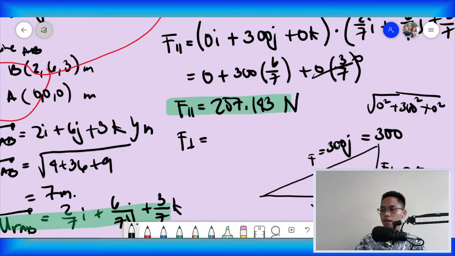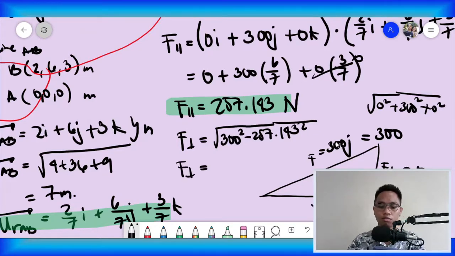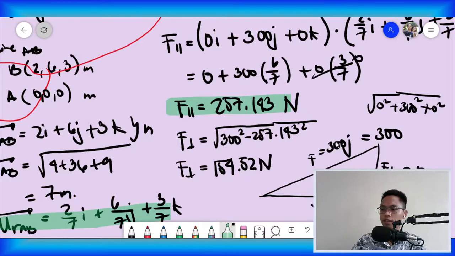Therefore, F perpendicular is equal to the square root of 300 squared minus 257.143 squared. This would be equal to 154.52 Newton.